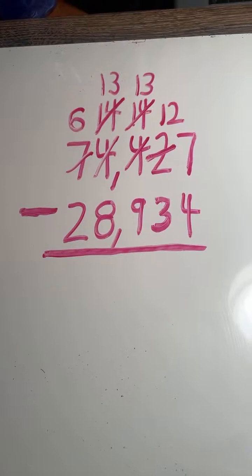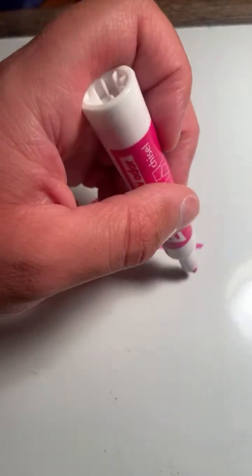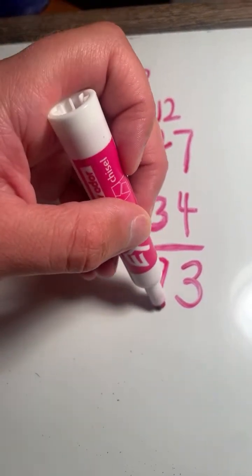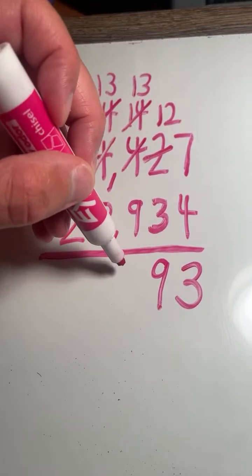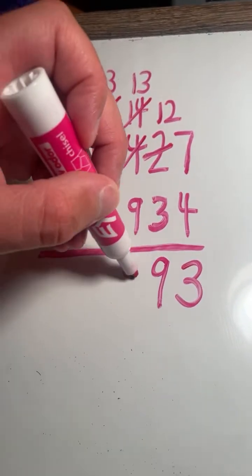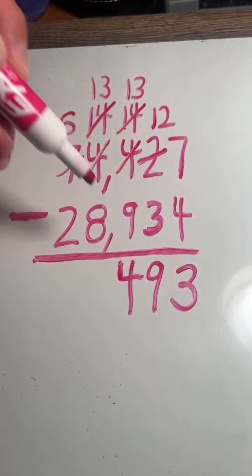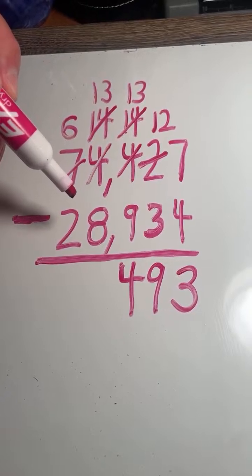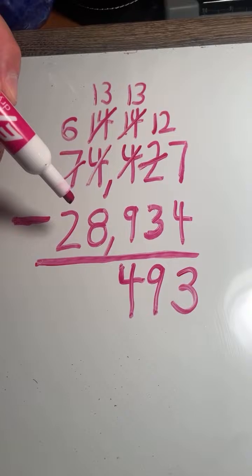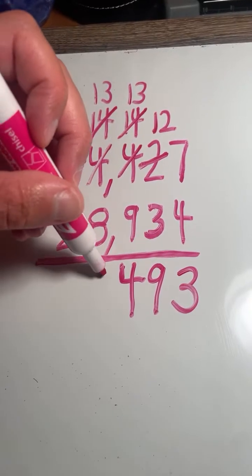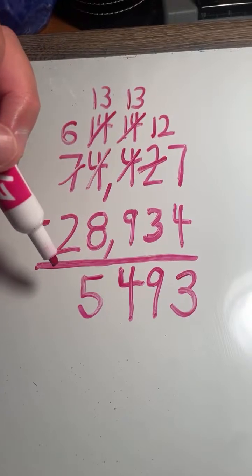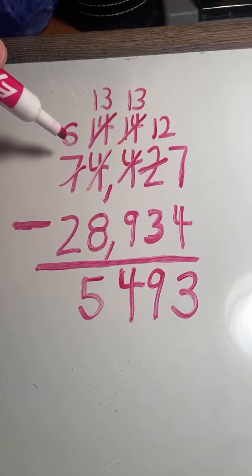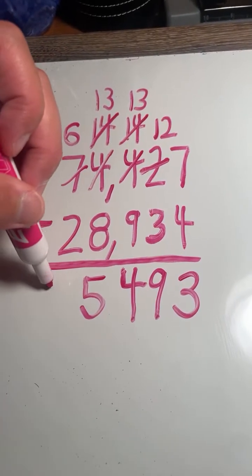So starting with the digits all the way to the right, in the ones place, 7 minus 4 equals 3. 12 minus 3 equals 9. 13 minus 9 equals 4. 13 minus 8 equals 5. 6 minus 2 equals 4.